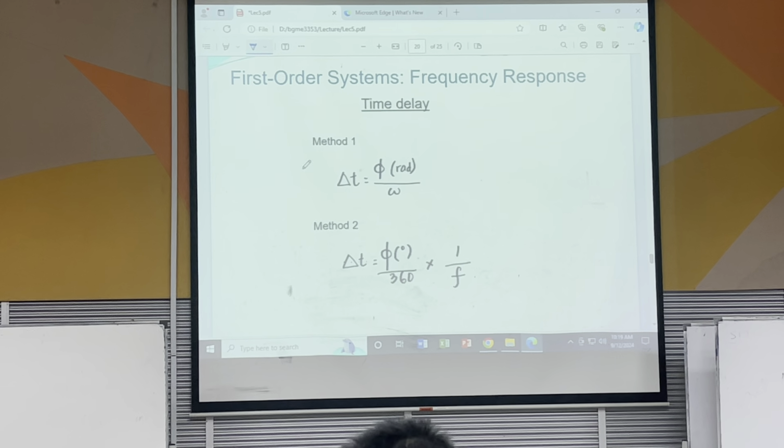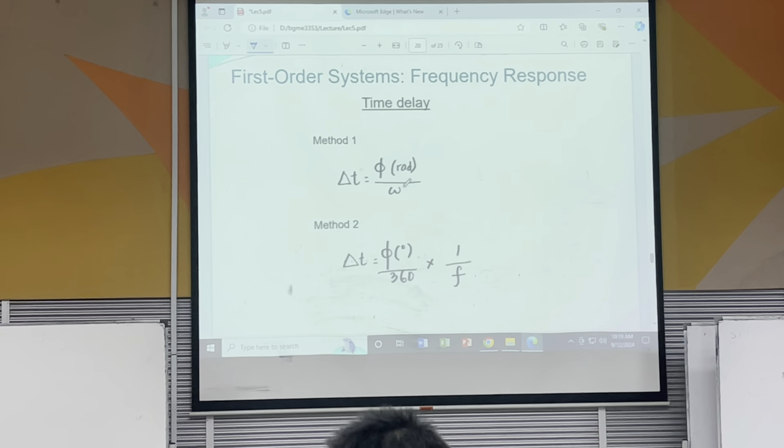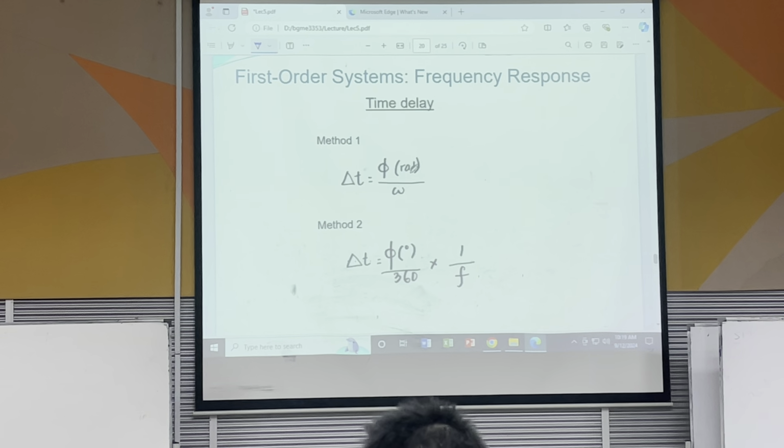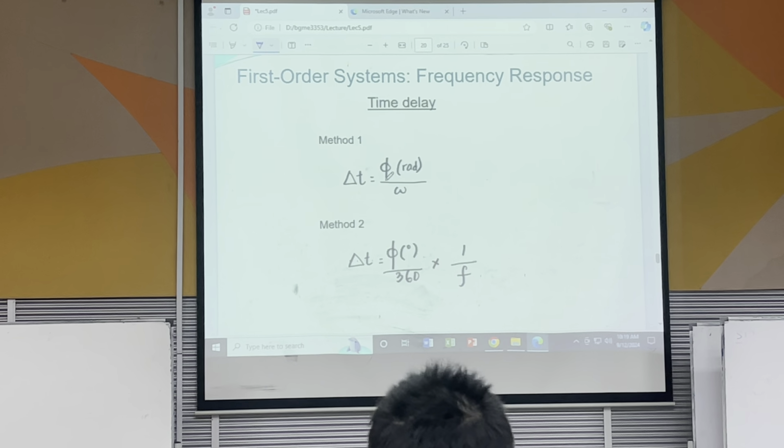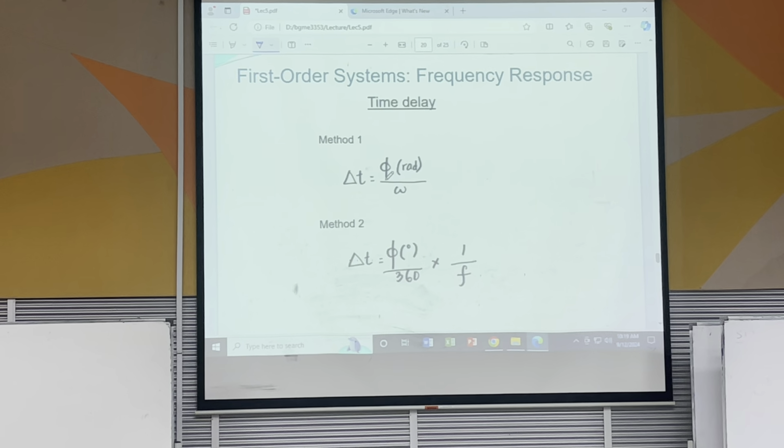Okay, so for method 1, the bracket here is what makes the difference between these two methods. This phase shift here you will get from, for example, negative inverse tangent of omega tau, right?